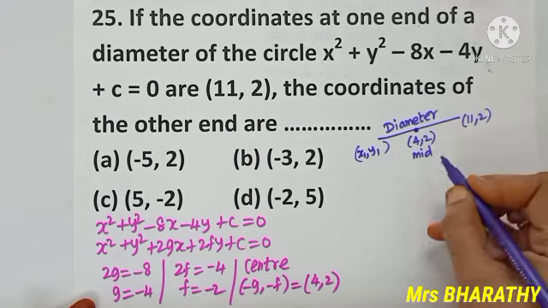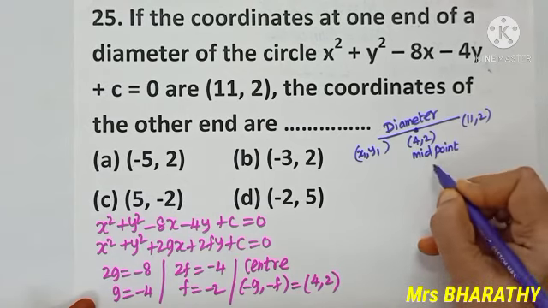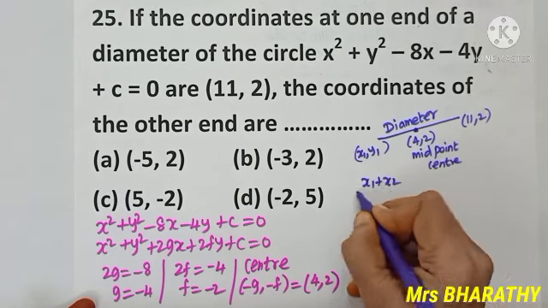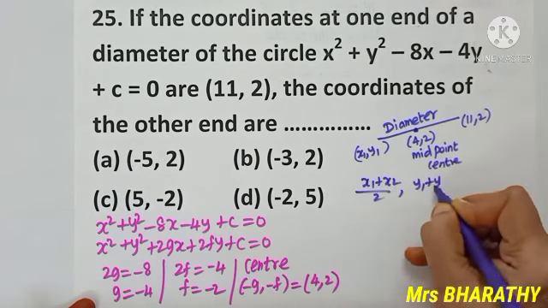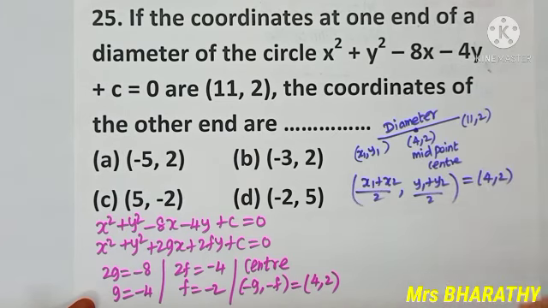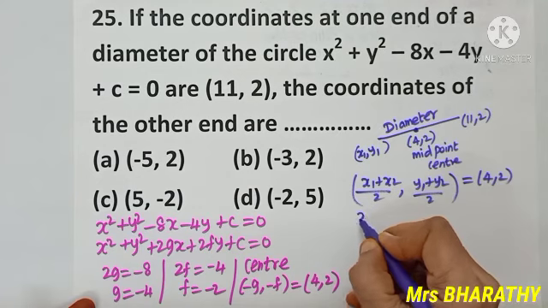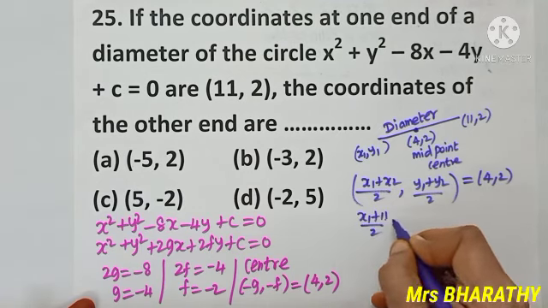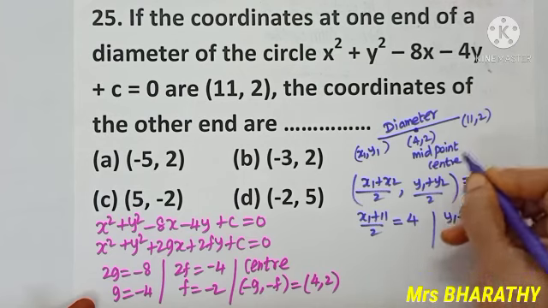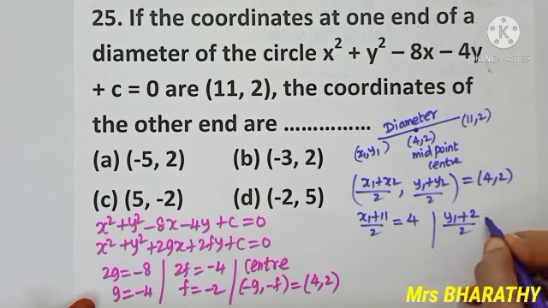As I compare the midpoint, the center, let me write midpoint formula, which is x1 plus x2 by 2, y1 plus y2 by 2, which is nothing but 4, 2. As I substitute, x1 plus 11 by 2 is 4. y1 plus 2 by 2 is 2.